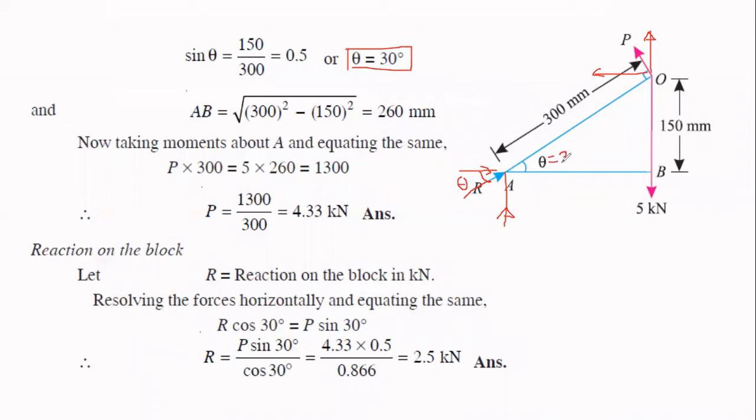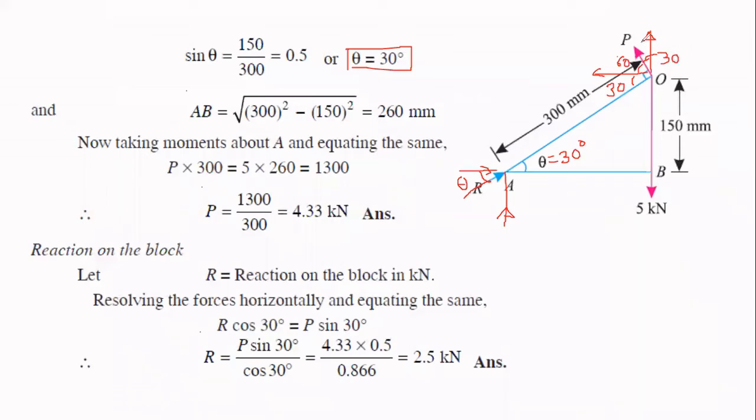This value is 30 degree. Now as we know that this angle and this angle will be same, and this one is the perpendicular, out of that this angle is 30, it means that this angle is 60. This angle is 60. And this side angle is 30.